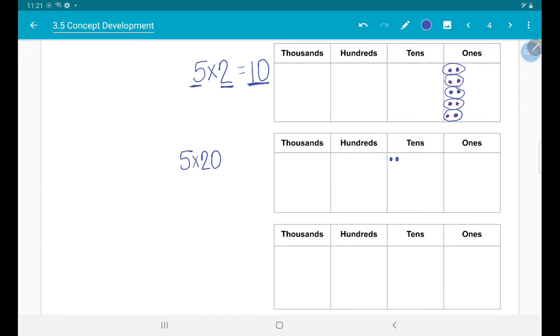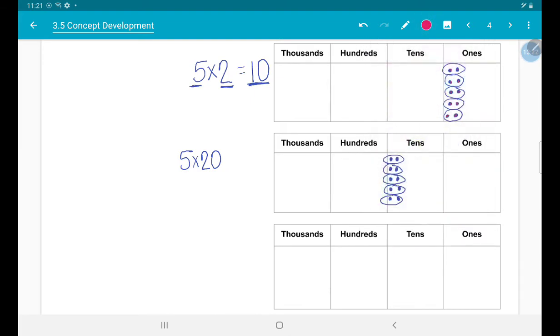So there's 1 group of 2, 2 groups of 2, 3 groups of 2, 4 groups of 2, 5 groups of 2. And those are all in the tens place. 1, 2, 3, 4, 5 groups of 2.